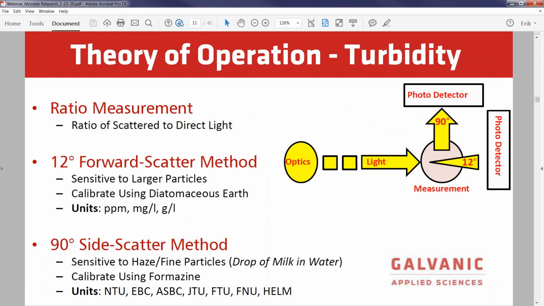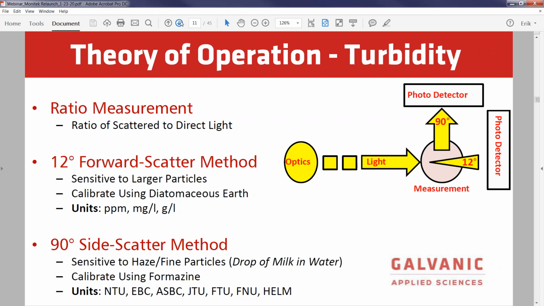So of course, when we talk turbidity, it's a 2-channel measurement. We do a ratio measurement where we look at a direct beam, which gives the intensity of light if there's 0 ppm or 0 turbidity in it, like a clear glass of water. And then we have either a 12-degree or a 90-degree side scatter method.